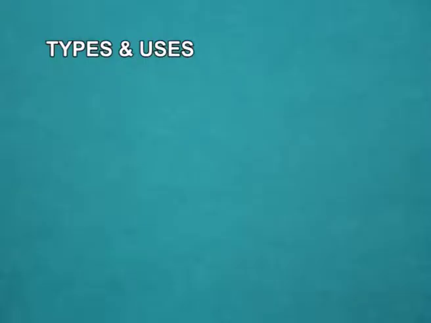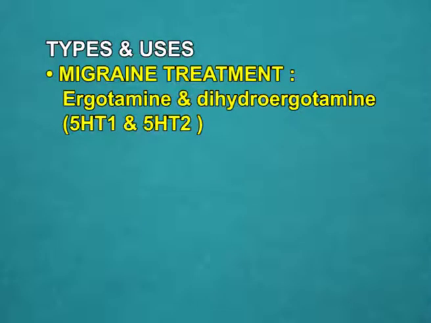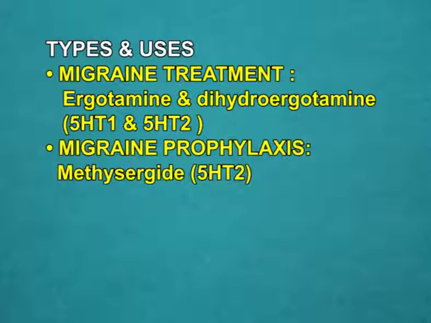Now we are discussing the types and uses. Migraine treatment: ergotamine and dihydroergotamine, basically responsible for blocking 5-HT1 and 5-HT2. Migraine prophylaxis: in this we can use methysergide, which acts on 5-HT2.